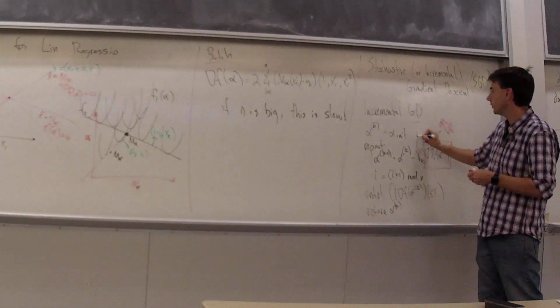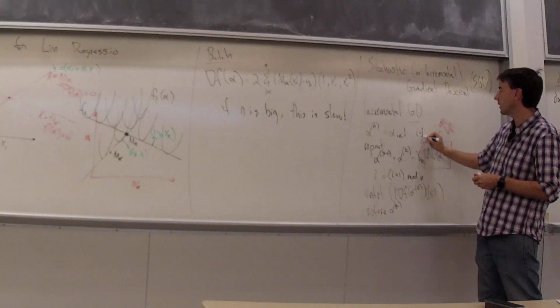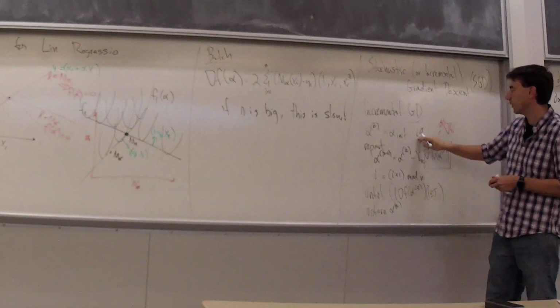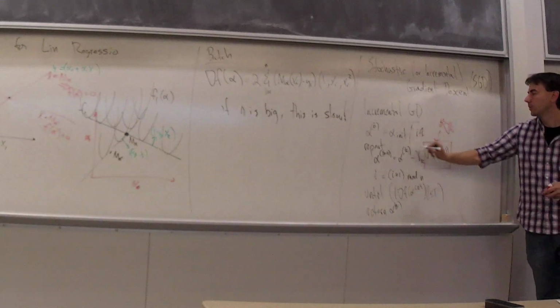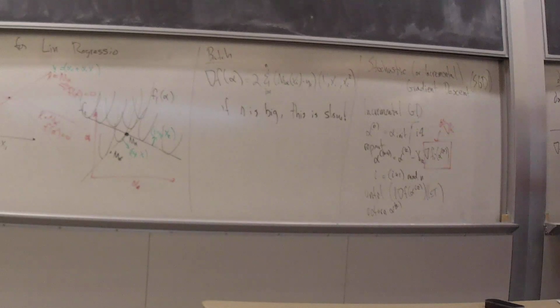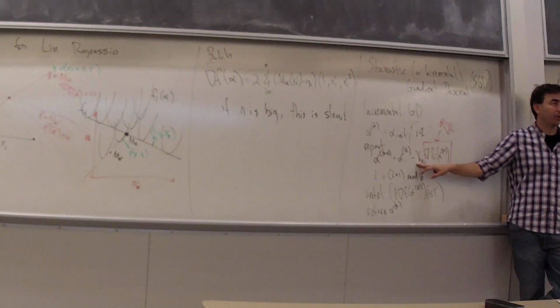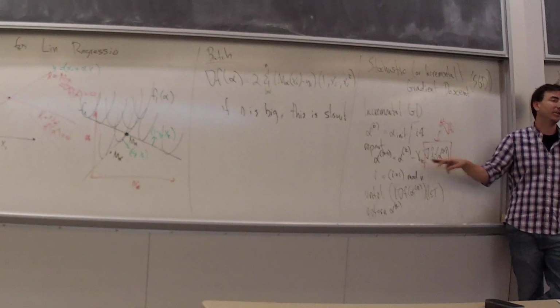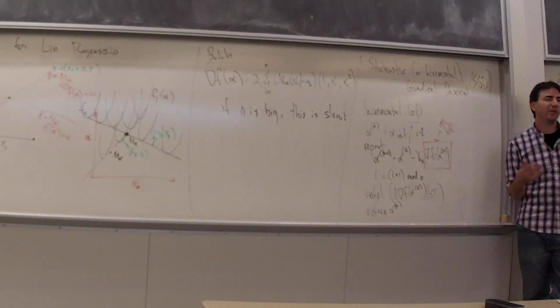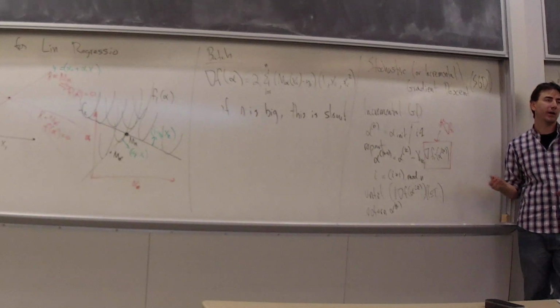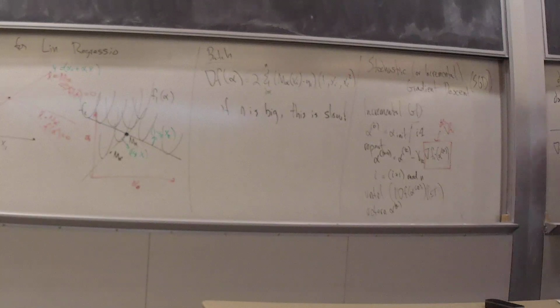Let me say initially i equals 1, right? So I'm going to start with i equals 1, and I'm going to cycle through the data points and take probably a smaller step than I did before. So the learning rate will probably be smaller than before. But it's not going to be smaller by a factor n. It might be smaller by like a factor of square root n or something like that.